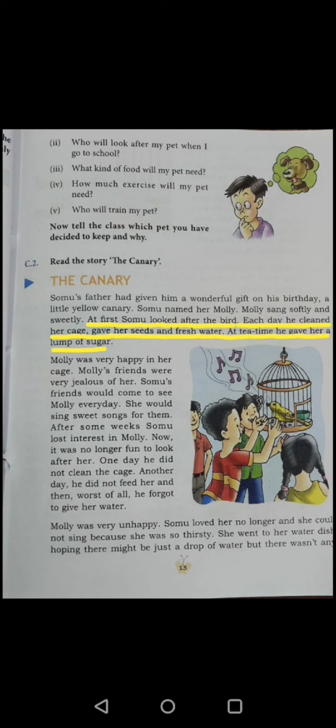Children, on page number 13, in the first paragraph, you have read these lines. At first, Somu looked after the bird. Each day he cleaned her cage, gave her seeds and fresh water. At tea time, he gave her a lump of sugar.